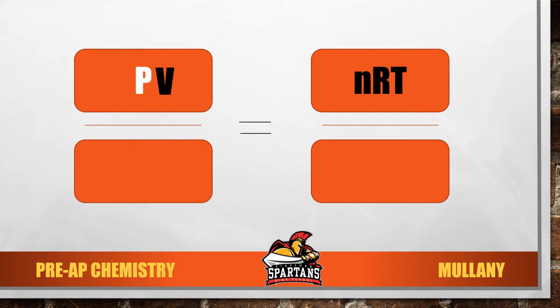So here I put PV equals nRT, made it bigger, and you can see that I've put the unknown in white and all the others that are not the unknown, they're knowns, into black text. And so our first question is, is P in a top box? Yes, it is.